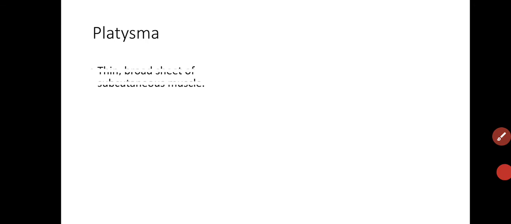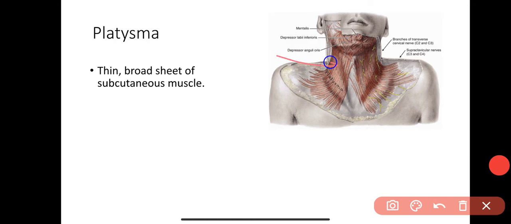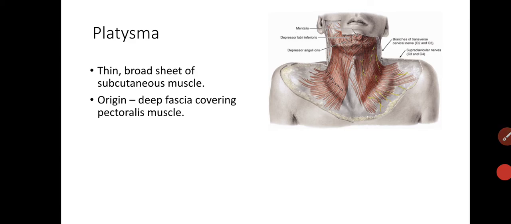Now the platysma. Platysma is a thin, broad sheet of subcutaneous muscle, as shown in this figure. This is the platysma, and it takes origin from the deep fascia covering the pectoralis muscle. In the pectoral region there is a muscle known as pectoralis major.